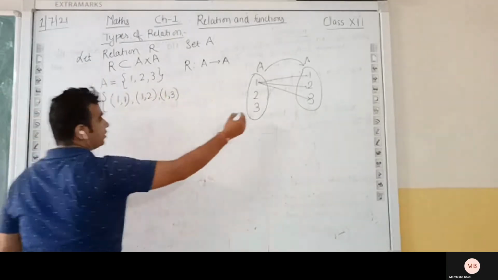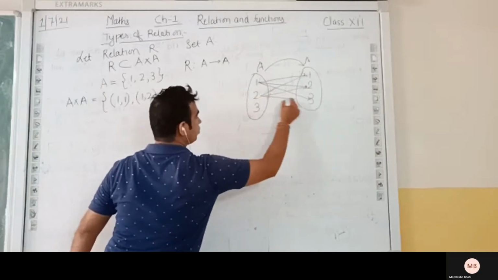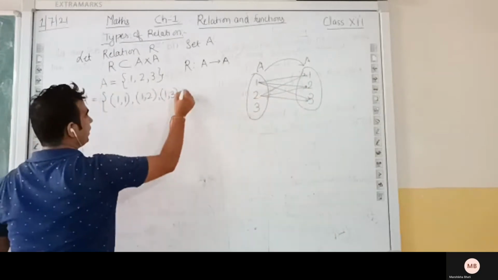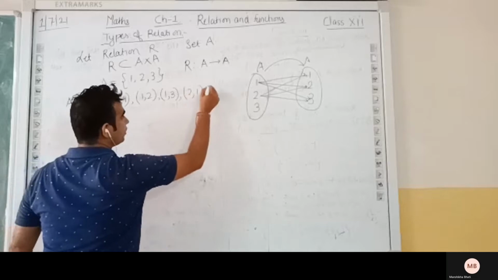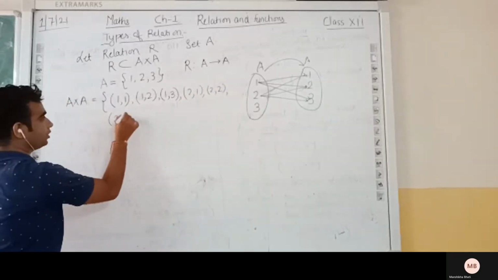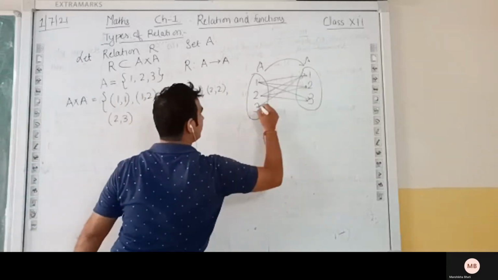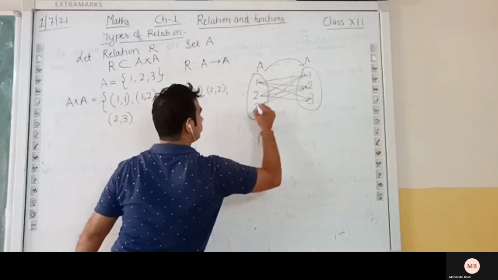Okay. Then here 2 will get relation with 1, 2 will get relation with 2, and 2 will get relation with 3. So we can write here 2 comma 1, 2 comma 2, then 2 comma 3, and then here we will have relation of 3 with 1, 3 with 2, and 3 with 3.